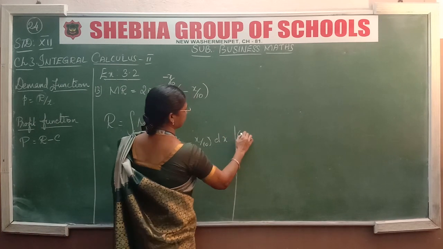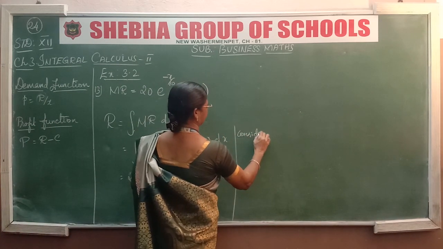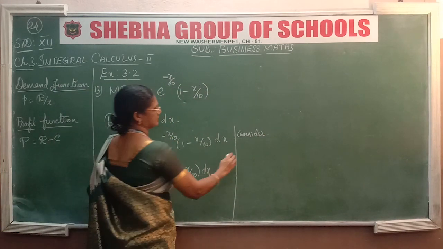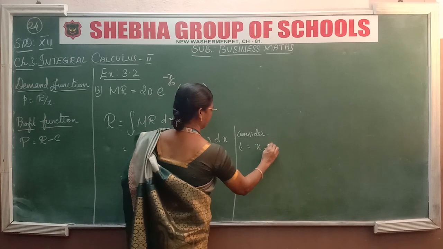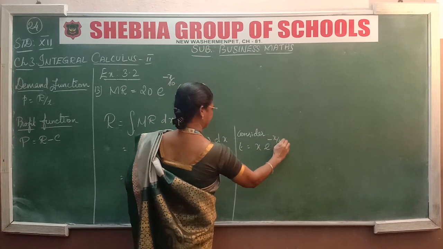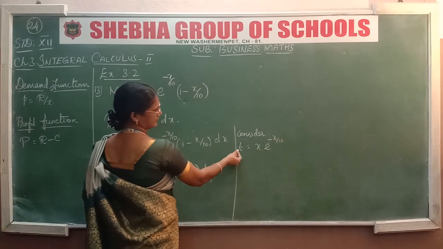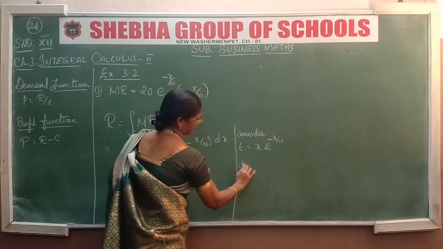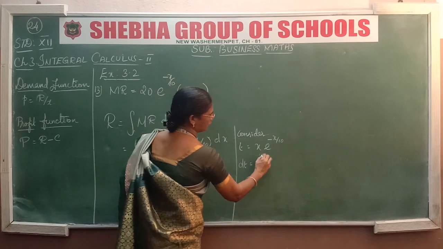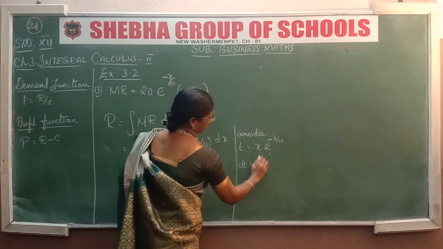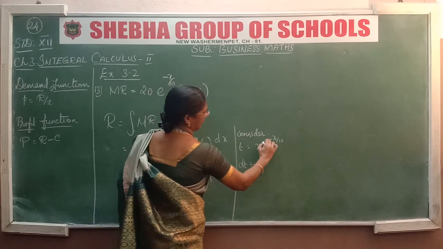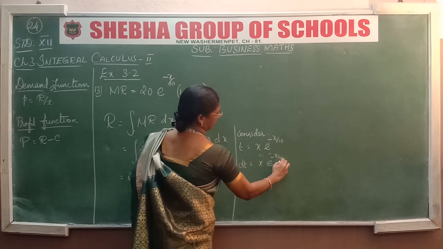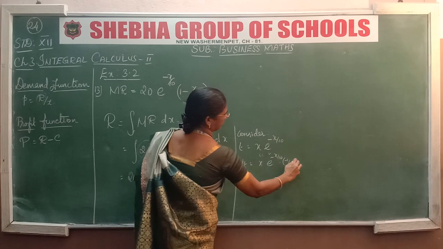Next, we use the substitution method here. First consider x into e power minus x by 10. Let t is equal to x into e power minus x by 10. Differentiating, we get dt, this is the uv method. First keep x as it is and differentiate the other, we get e power minus x by 10 into minus 1 by 10.